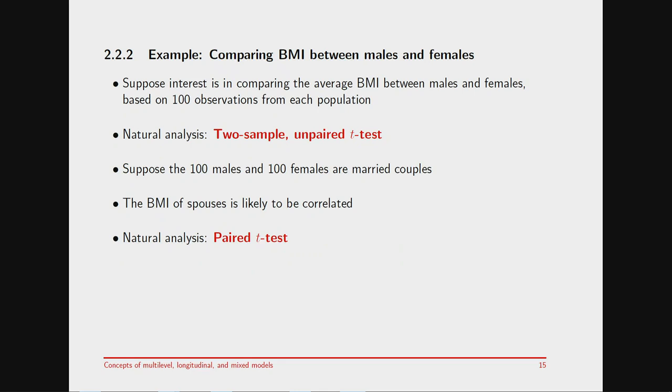You have the subjects, and then you have two measurements within each subject. And then you take advantage of that data structure if you do a paired t-test. An unpaired t-test does not take advantage of that structure and does not recognize the fact that there's unique links between the 100 males and the 100 females. And because of that, you will get different results.